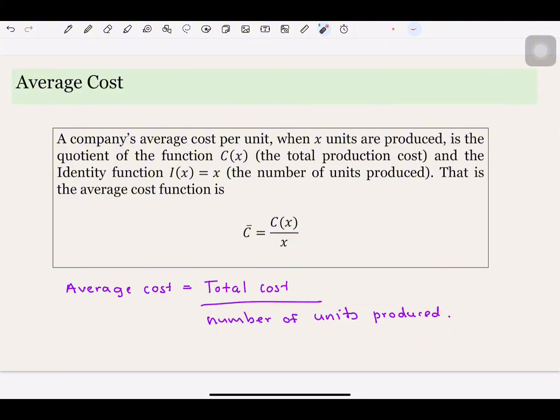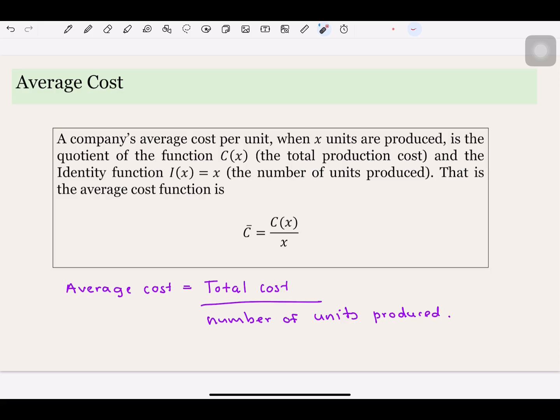So if we take the total cost as C of x and the number of units produced as x, and usually we use the notation C bar to represent the average cost, then C bar is equal to C of x divided by x.